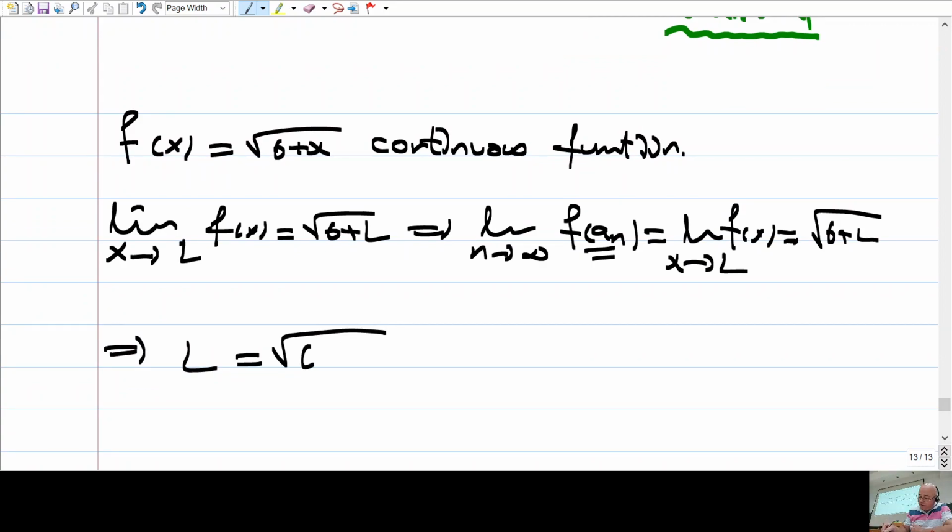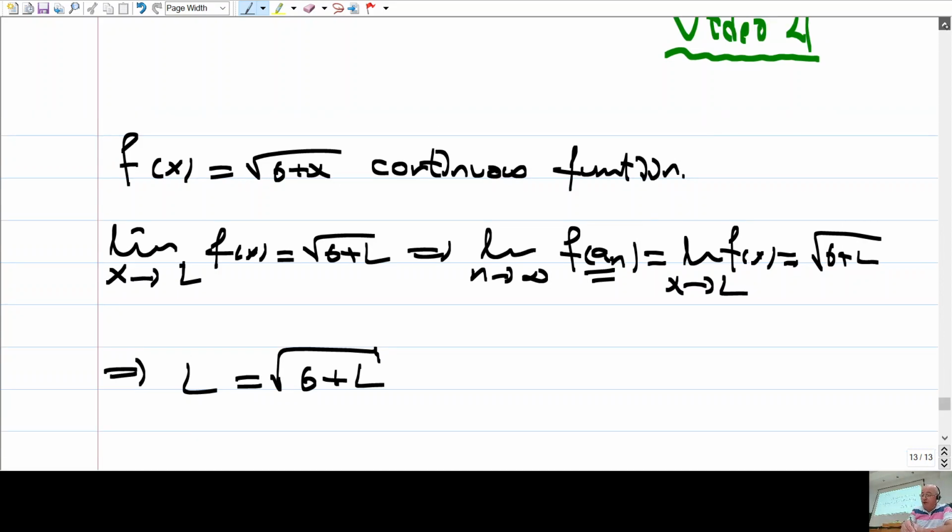L is the same as square root of 6 plus L. Well, then I have an algebraic equation here, right?